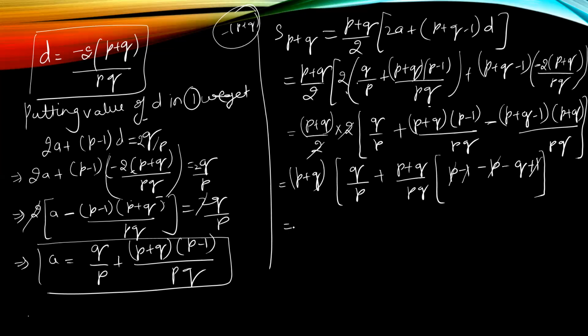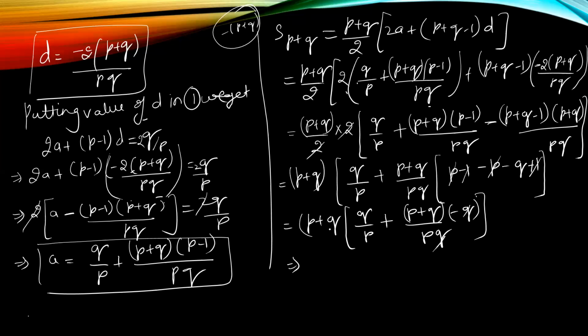So we are left with p plus q, q by p plus p plus q over p into minus q. This is also here, also we have q. As you can see, this q gets cancelled. So we are left with p plus q, q by p minus p plus q over p.